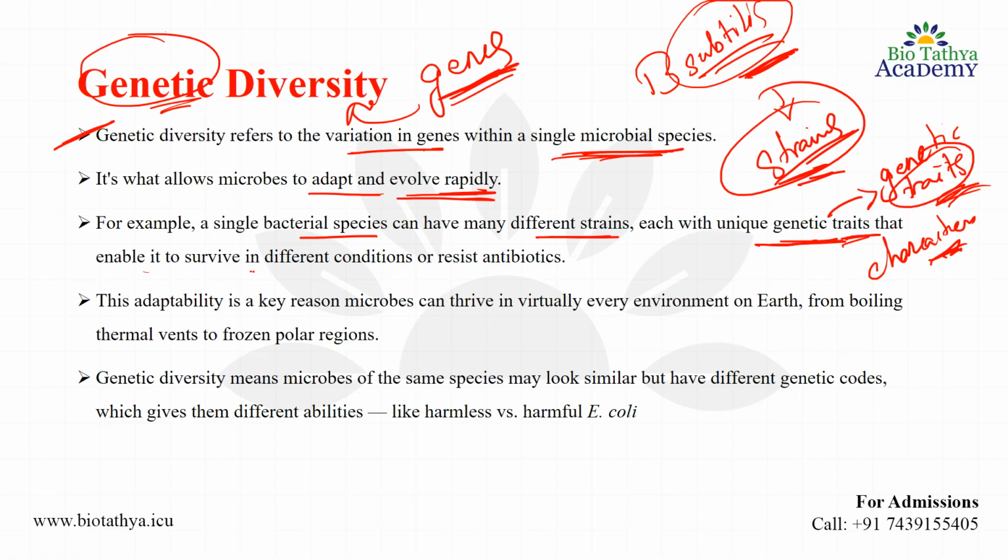This enables it to survive in different conditions or resist antibiotics. So as I was telling you, if the gene set differs, then the gene will differ and the particular strain will also differ. Suppose one strain can survive in one condition but not in another. So different strains can survive in different kinds of conditions or resist antibiotics.